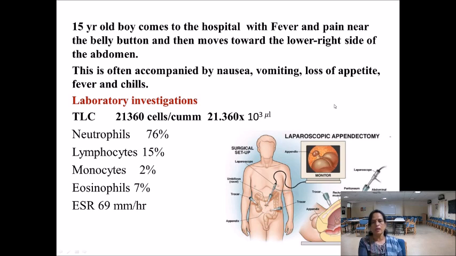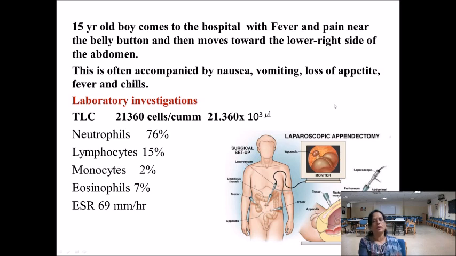So what do you think could be the clinical diagnosis based on the laboratory findings and the clinical presentation? This child was immediately taken up for surgery, and since they insisted, a laparoscopic surgery was done. So what was the laparoscopic surgery?